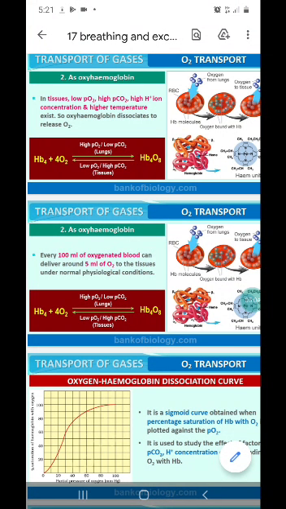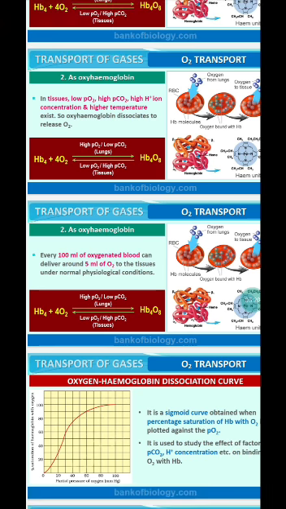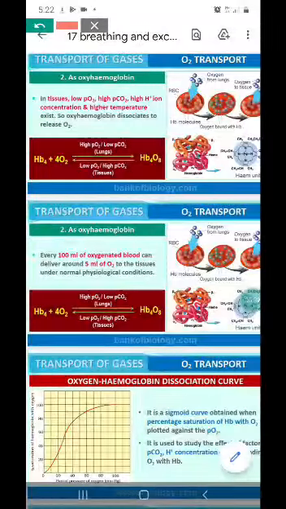From this we can understand: see, at 0, 20, 40, 60 partial pressure like that is given, and the oxygen saturation level is given on the y-axis, right? So we get a sigmoid curve, and at 0 oxygen partial pressure there is 0 saturation level of blood. Okay, at 40, how much is the saturation level of the blood? It is 80%.